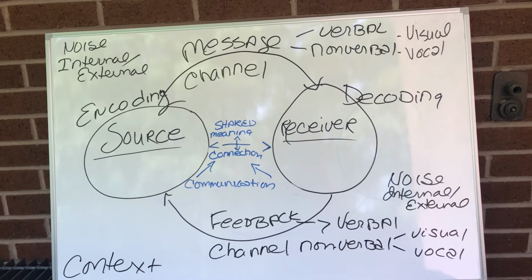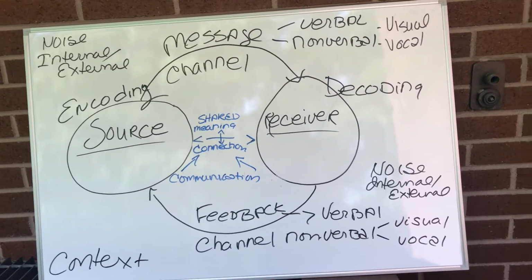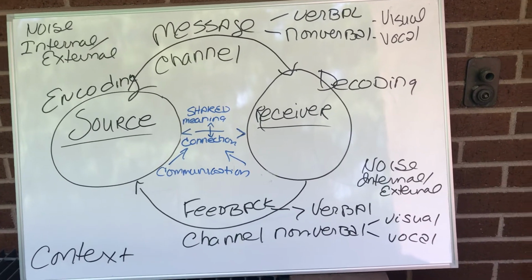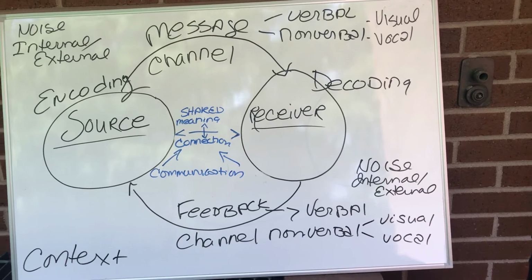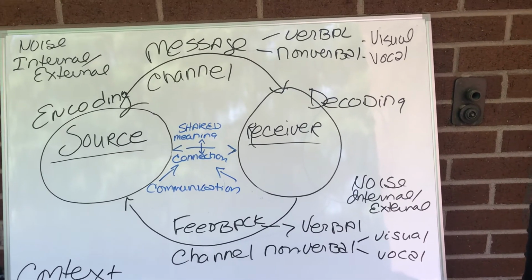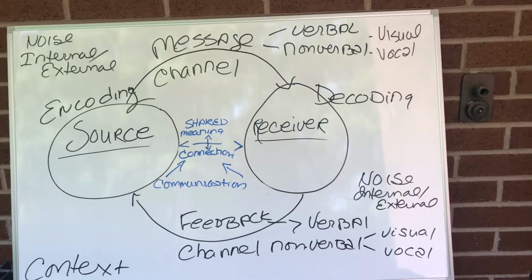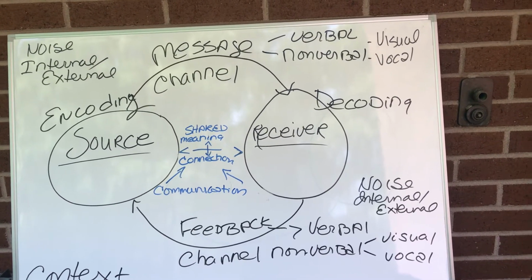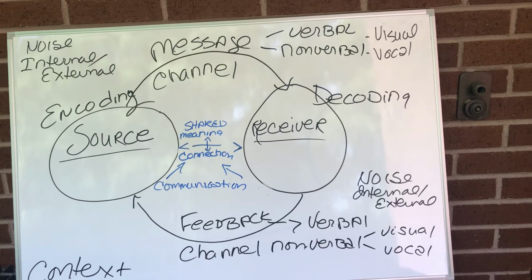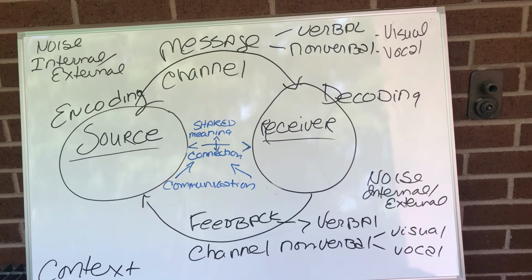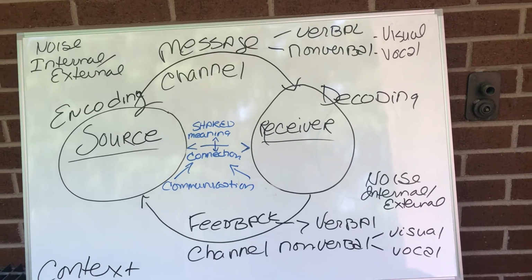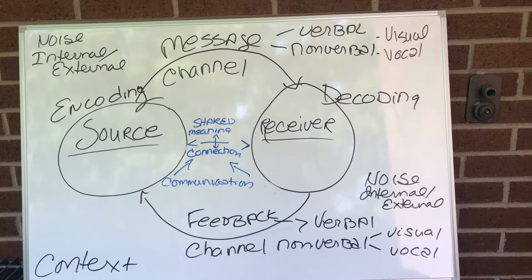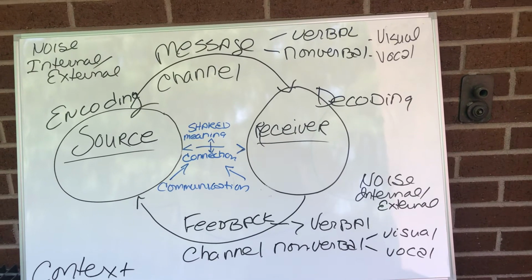Now, this is a circle. There are arrows pointed, feed forwarding in one direction, and there's always going to be feedback, right? Always feedback. And even if it's nonverbal or it's not the verbal words, sometimes there's sound, there's visual feedback, and that's going back to complete the communication. The word channel is telling us that there are various ways or mediums to convey this message.